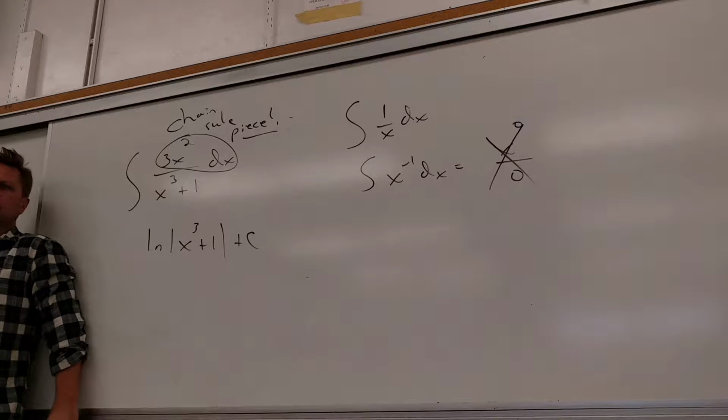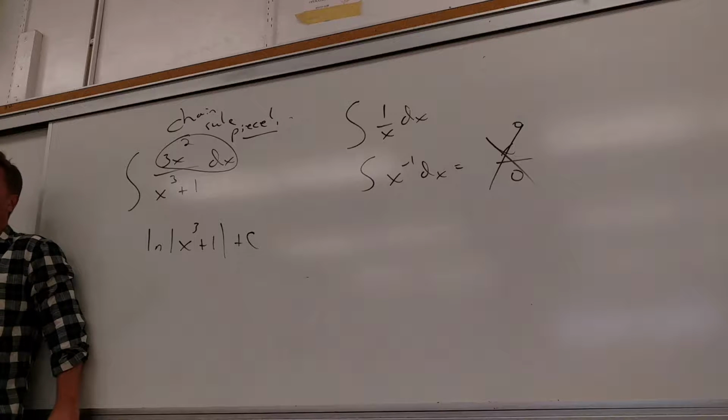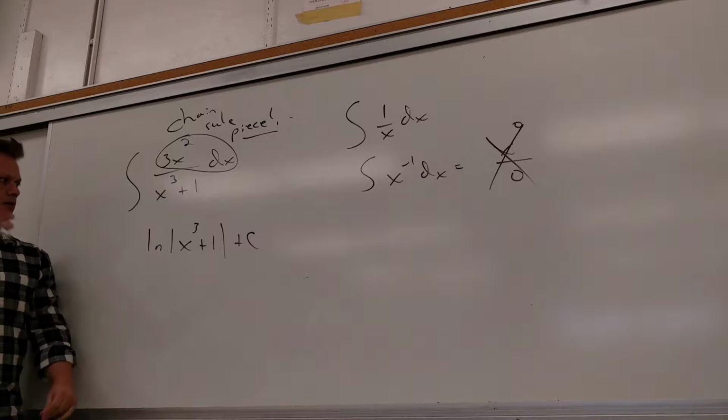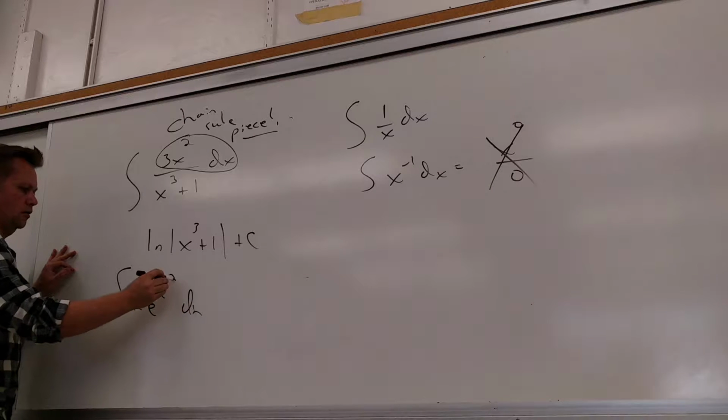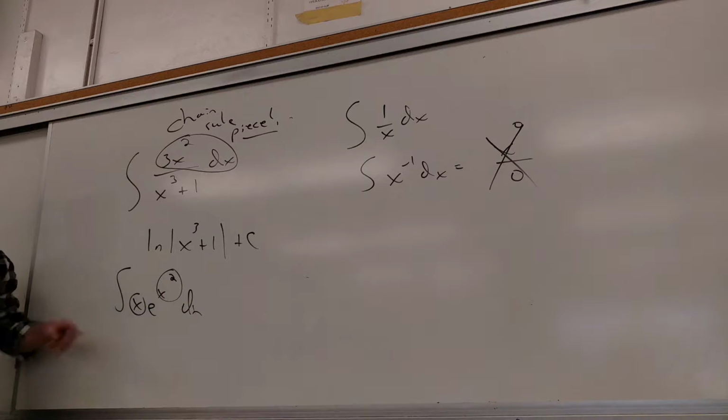So that's why I was trying to get you guys used to looking at it that way before we got into this new stuff. Thinking about does it have, like we did this one the other day, the chain rule piece of that kind of thing.